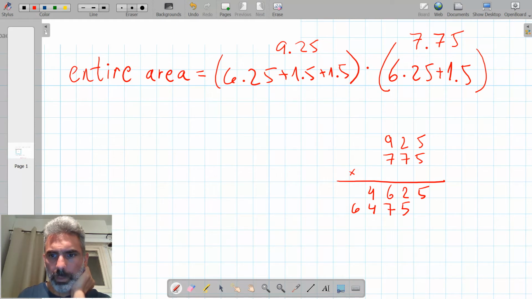Okay, 7 times 5 is, so this is the same, but one place to the left. So 7, 5, 7, 4, and 6.